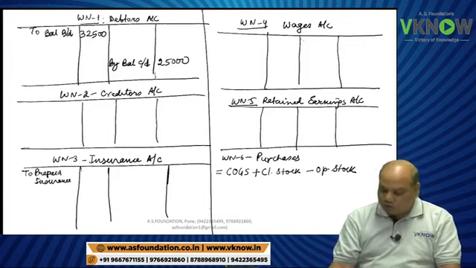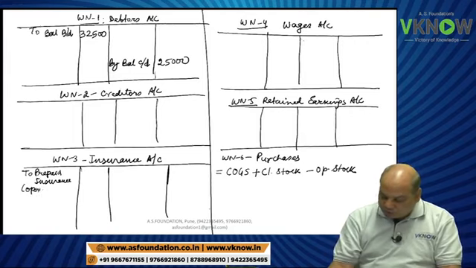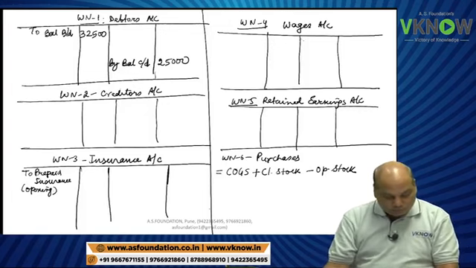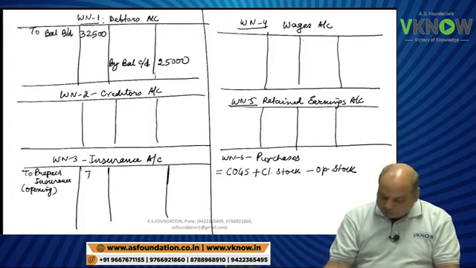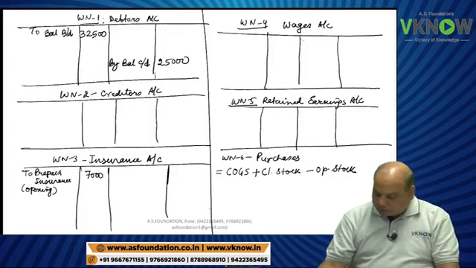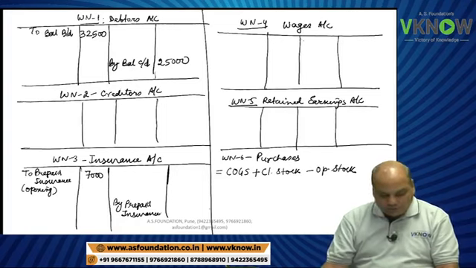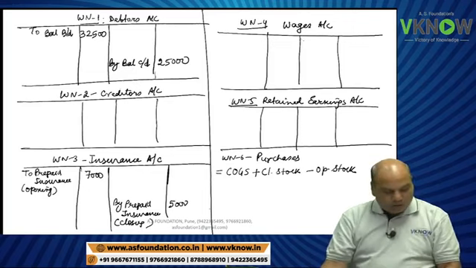Insurance account debit to prepaid insurance opening. This way, opening prepaid insurance account will close. 7,000. And at the end of the year, we pass the entry prepaid insurance to insurance 5,000. This is closing.